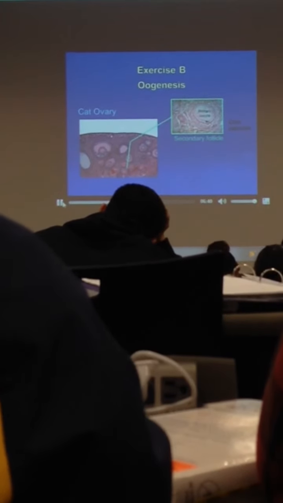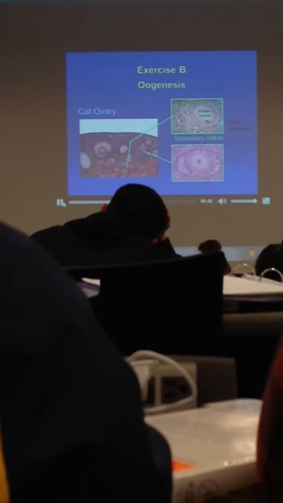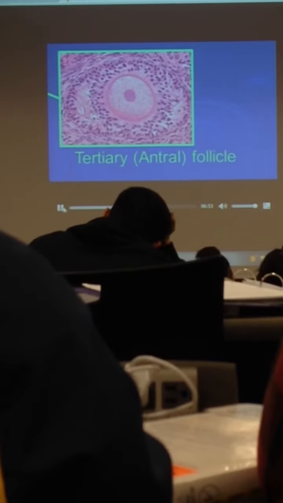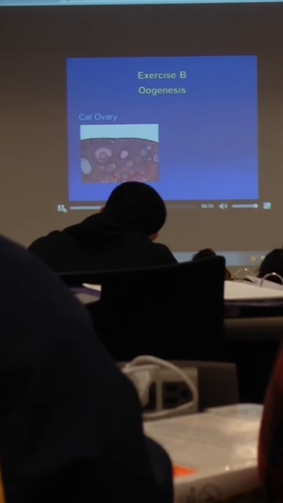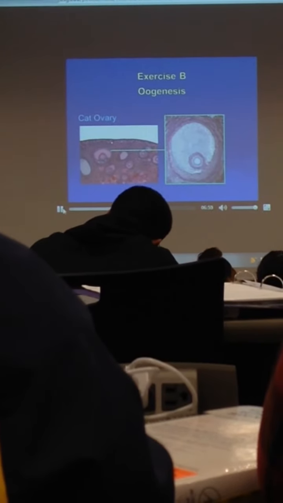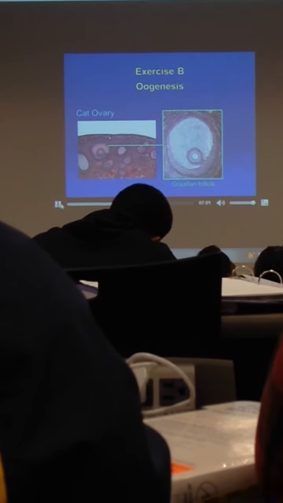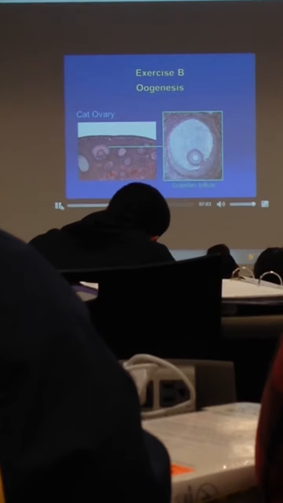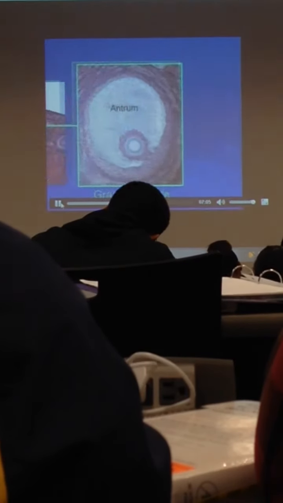As secondary follicles continue to grow, fluid-filled gaps begin to appear between the cells. At this point, the secondary follicle becomes known as a tertiary or antral follicle. A fully mature tertiary follicle is called a Graafian follicle. Note the size of the fluid-filled antrum.